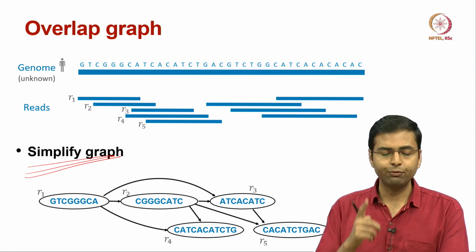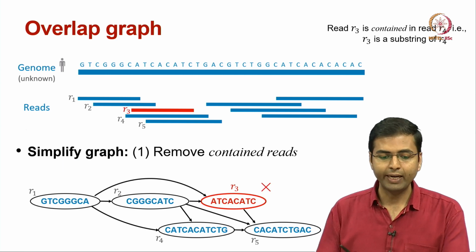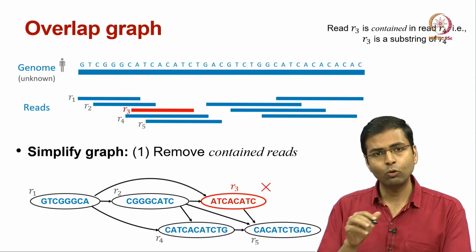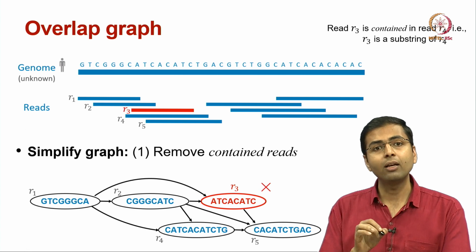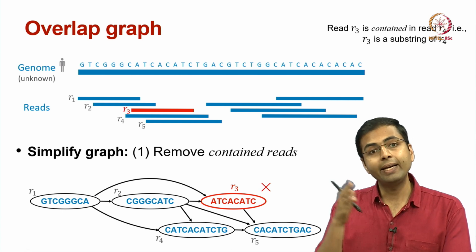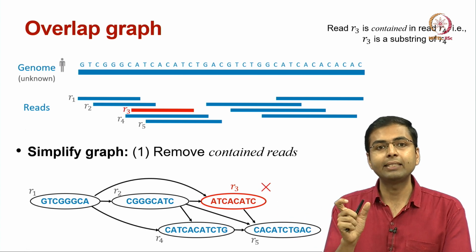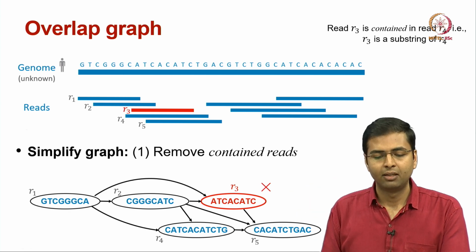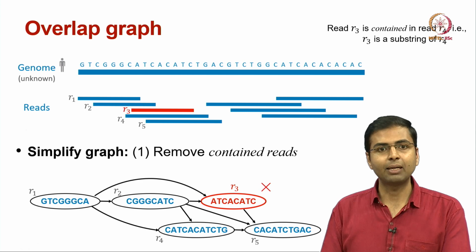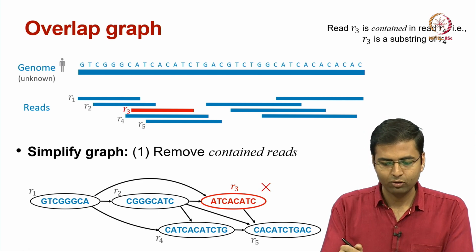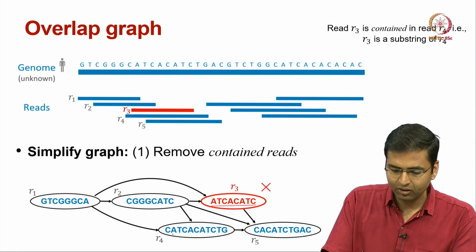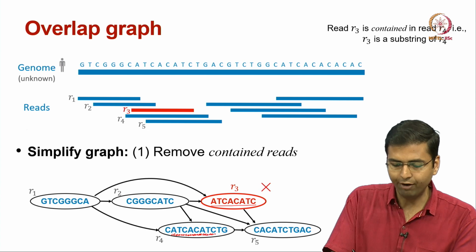So, for example, as a first step we can remove contained reads. If we assume that there are no sequencing errors, then I can call read A contained in read B if read A is a substring of read B. So, in this example read R3 is a substring of read R4. Read R3 is ATC AC ATC, and you can see that it is a substring of read R4.